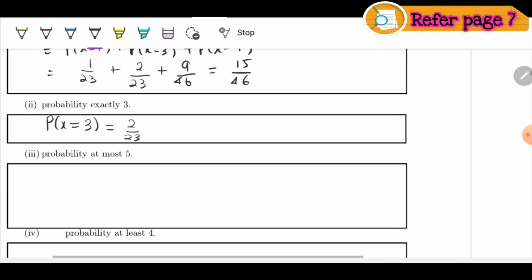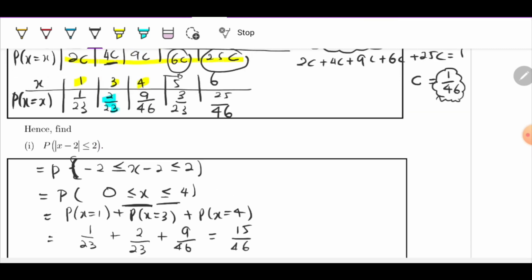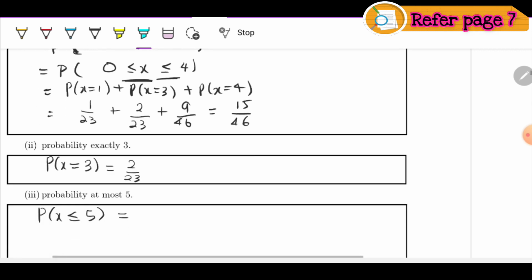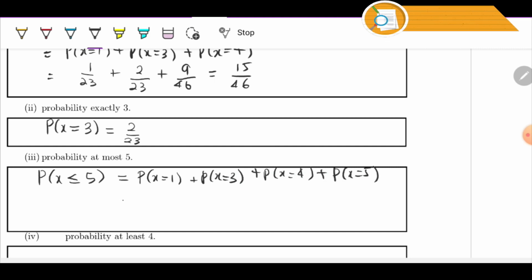Okay, question number 3. Find the probability at most 5. So at most means x less than or equal to 5. X less than or equal to 5 means the values are 1, 3, 4, and 5. P(X=1) plus P(X=3) plus P(X=4) plus P(X=5).